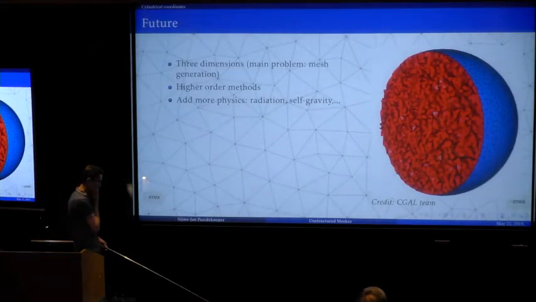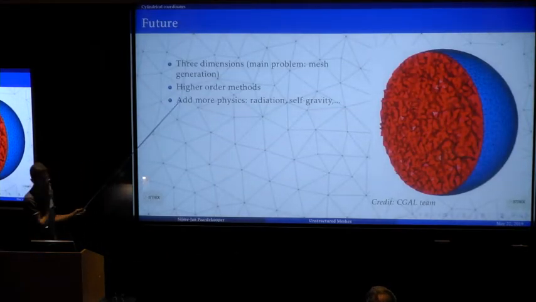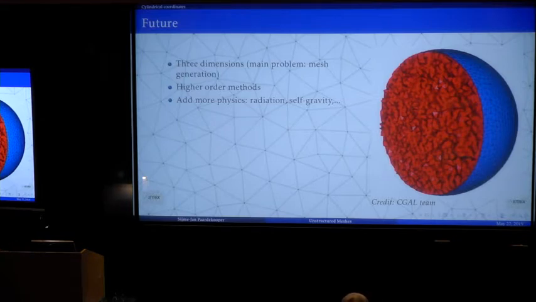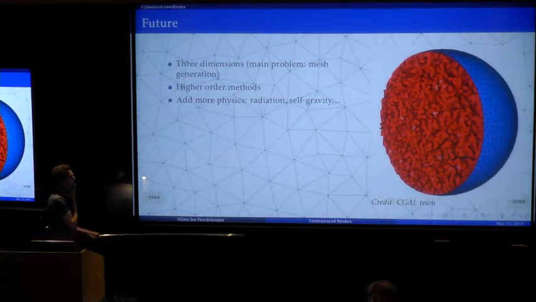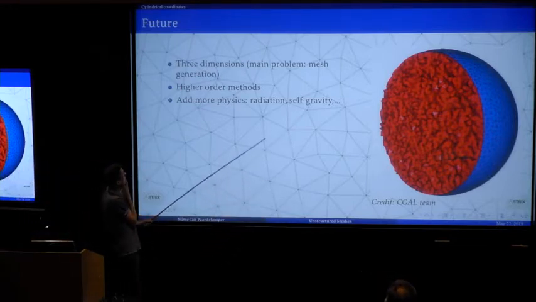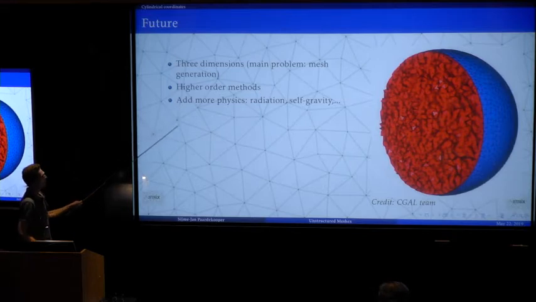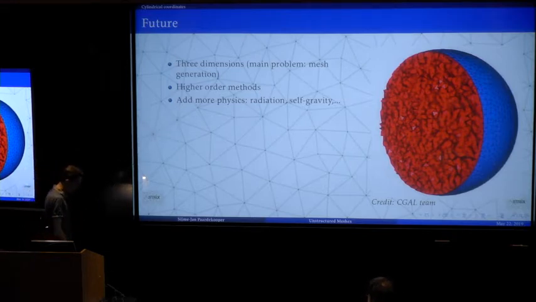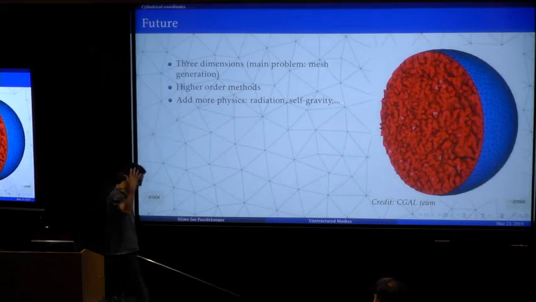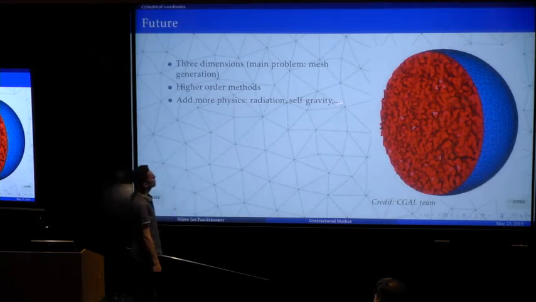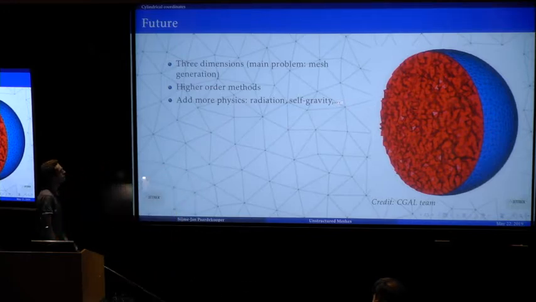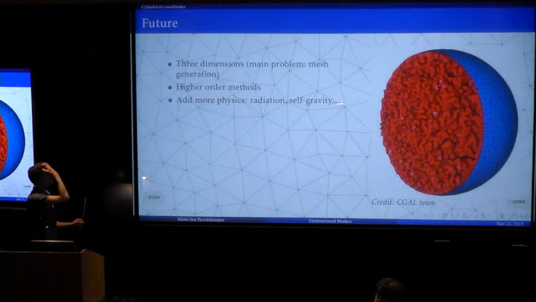So the future, what keeps me awake at night: 3 dimensions. 2 dimensions is hard enough to think unstructured, at least for me, and in 3 dimensions it becomes a real pain. So that's definitely something that keeps me awake at night. I'd be interested in doing higher order methods, but also, of course, this has been a very computational talk about the computational challenges, but there are challenges in physics as well.